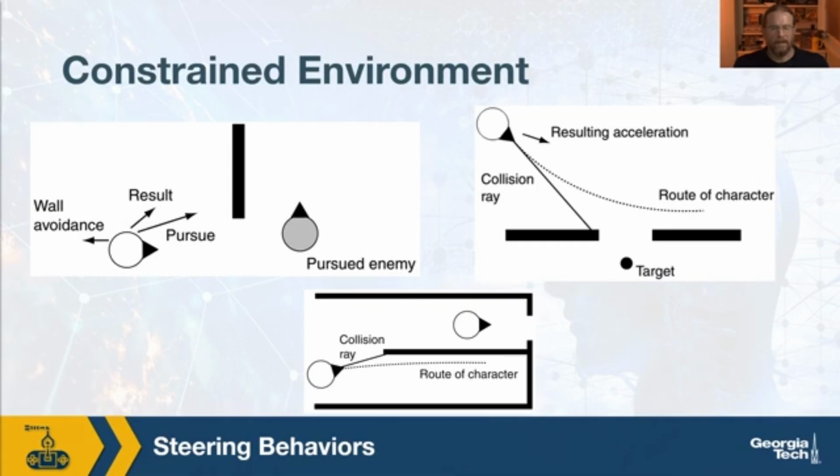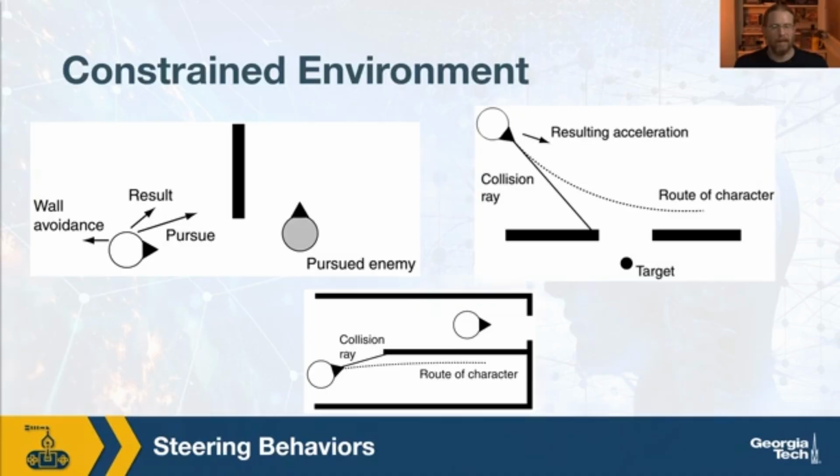These scenarios demonstrate blended steering behaviors where things won't work out the way that the designers of the AI would probably like. One is pursuing an enemy, and in the case of pursuit, this would involve prediction, so trying to steer and aim ahead of where we're extrapolating the position of the enemy.